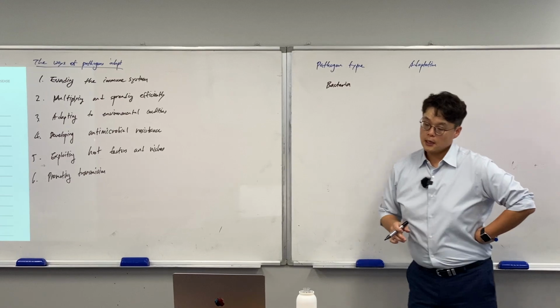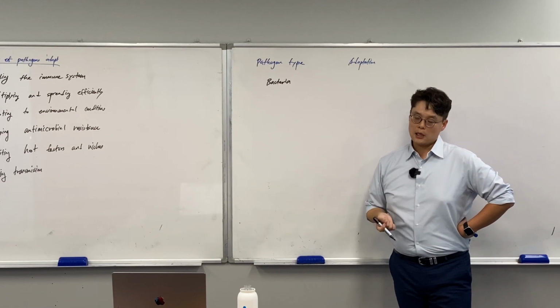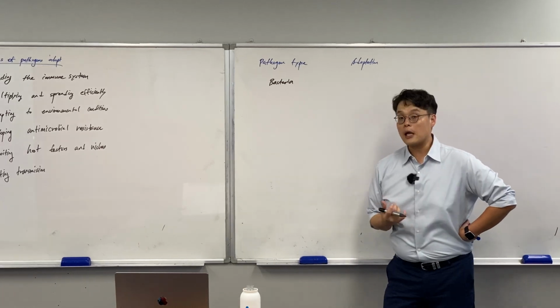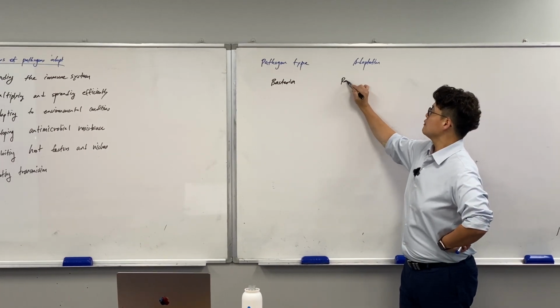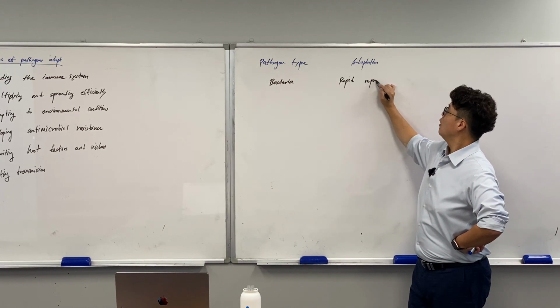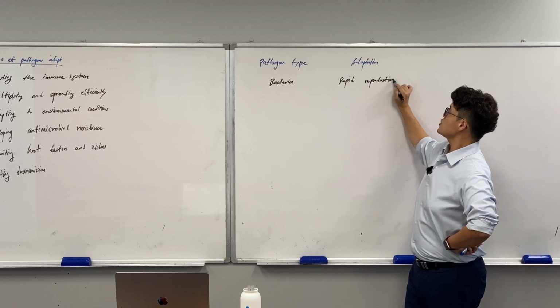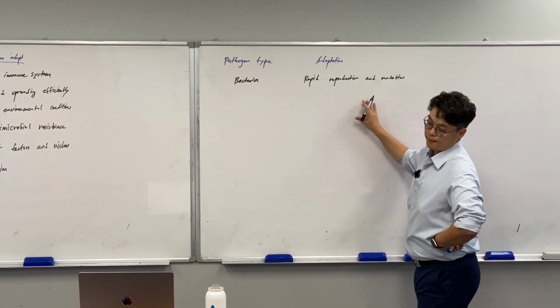How do they adapt? Think about the properties of bacteria, guys. They are prokaryotic and unicellular, which means they are able to reproduce themselves really quickly. So, rapid reproduction, and from that, possibly mutation is the strength of the bacteria.